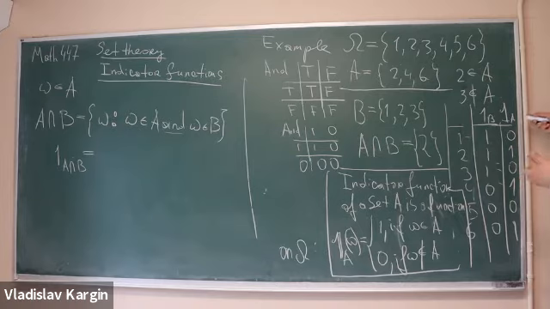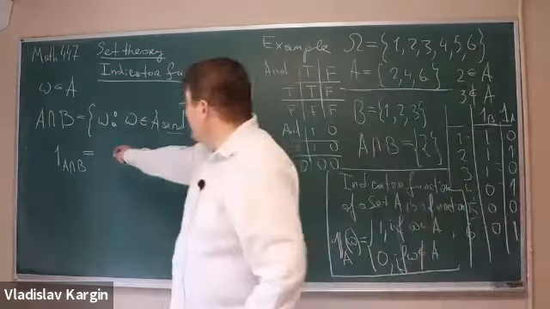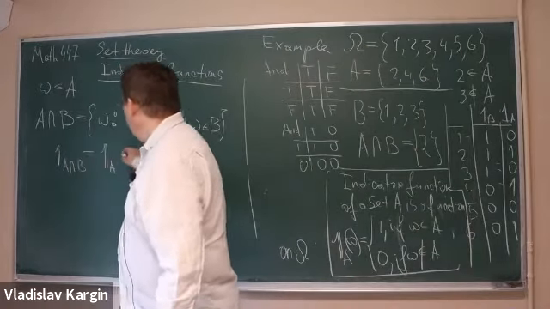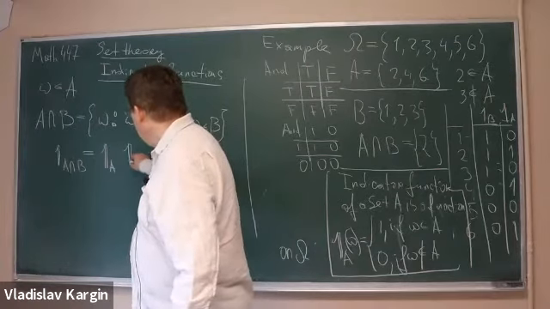So if we want to calculate the indicator function for the intersection, we just multiply these 2 vectors component-wise. This would be the rule: the indicator of A intersect B is equal to 1 of A multiplied by 1 of B.